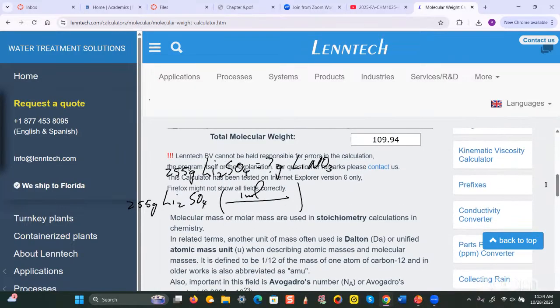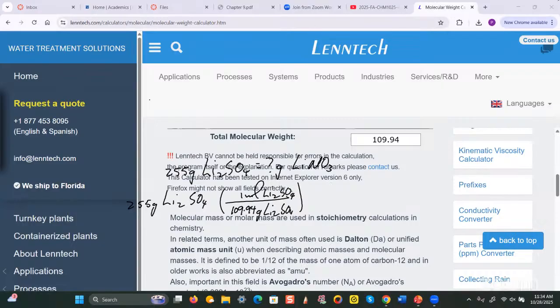Okay, so according to this, the molar mass of lithium sulfate is 109.94 grams of lithium sulfate. And this is 1 mole of lithium sulfate above.